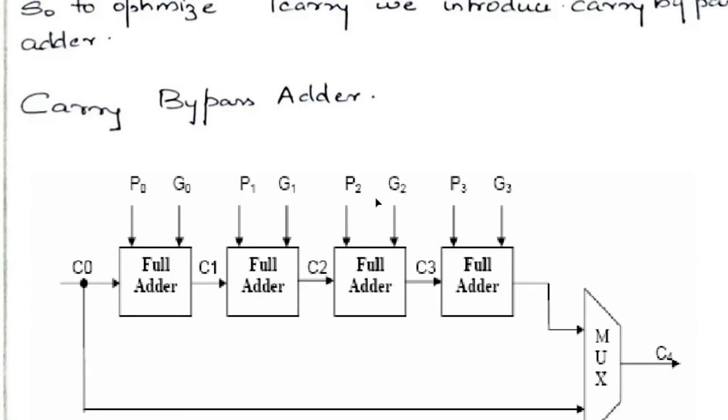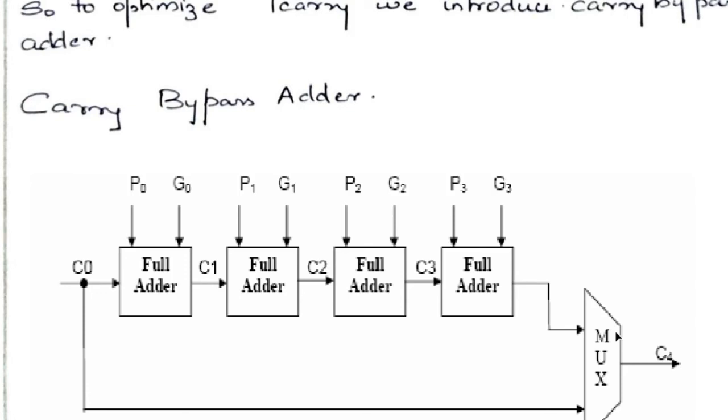Okay, so now we'll see the carry bypass adder. In the carry bypass adder, the carry is bypassed depending on the select line. The select line for this mux shown here is the propagate signals, that is, P0, P1, P2 and P3.